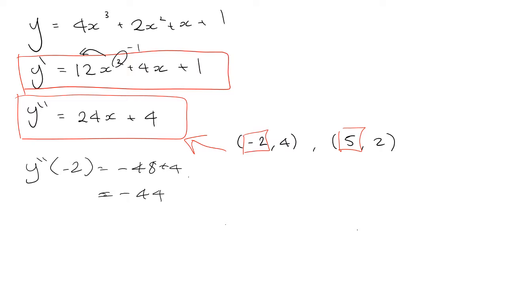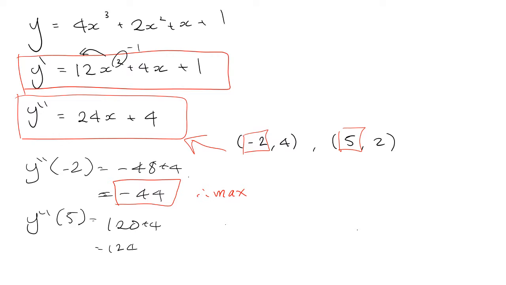If this value is a negative, that means the point is a maximum. This you just have to memorize. Now y dash dash of 5 is 120 plus 4, which is 124. That's a positive number, which means that's a minimum. They're opposites: if it's negative, then that's the maximum, and if it's positive, then that's the minimum.